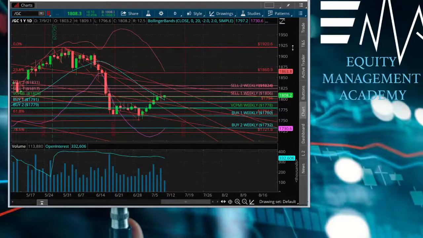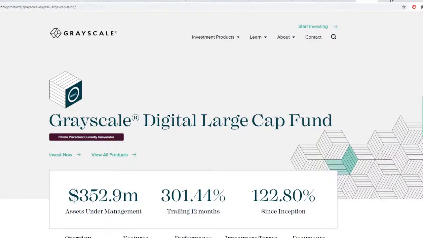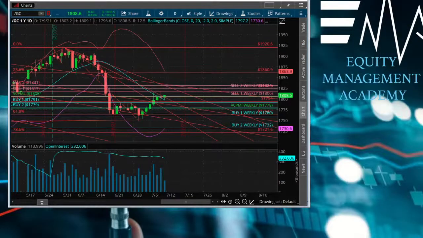We're watching the silent destruction of the US dollar by the amount of stimulus being distributed to the market. And it just doesn't seem to be ending anytime soon.